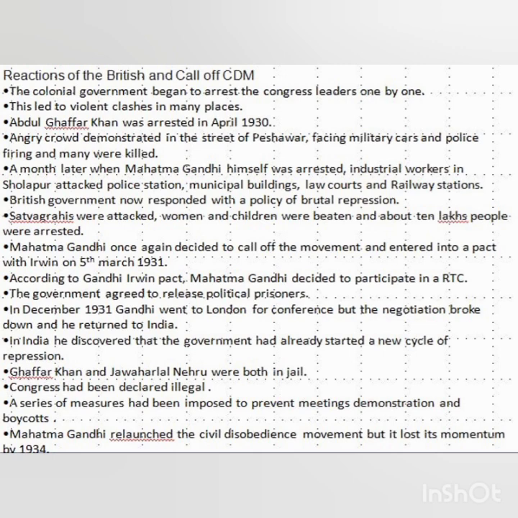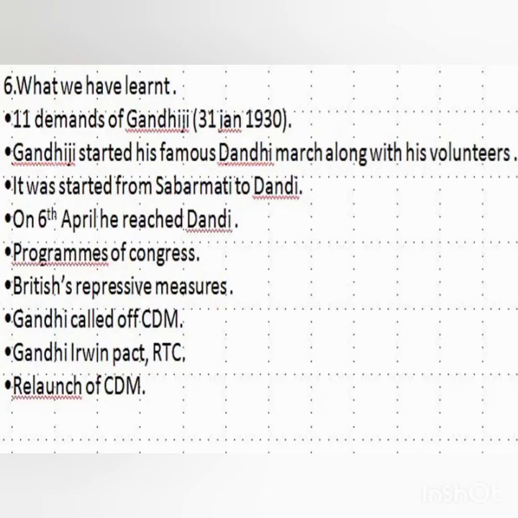So dear students, from the above discussion, what have we learned? The 11 demands of Gandhiji. Mahatma Gandhi started his famous Dandi March along with his volunteers. It started from Sabarmati to Dandi.